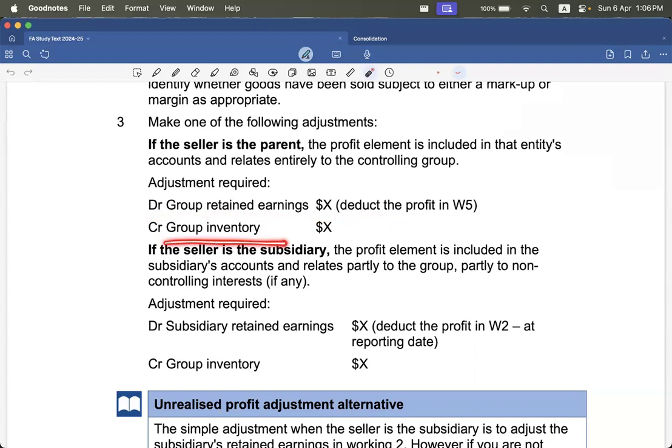So in the workings, if you adjust working note 2 or working note 5, at the same time in the SOFP you remove that same amount from the inventories. Hence inventory is credited because it is reduced.